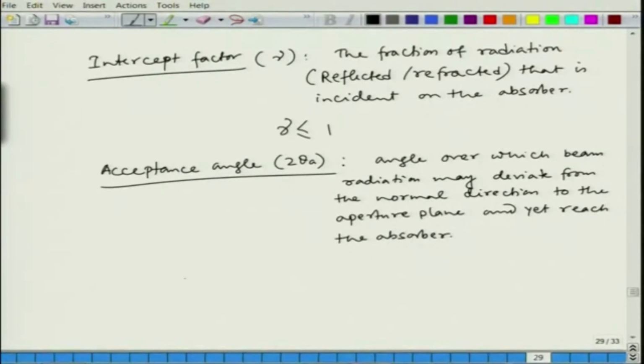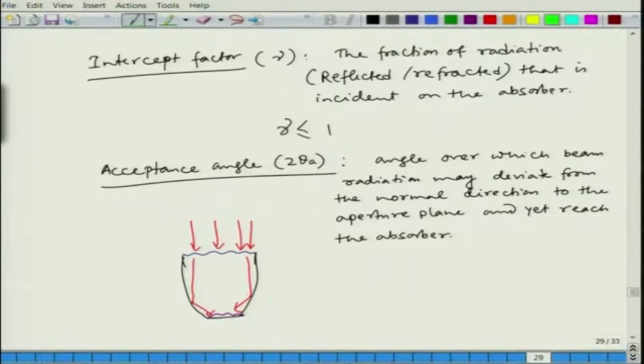So, what does it mean? So, there is one particular geometry which we called compound parabolic dish, where you have this is the aperture area, okay. This is the aperture plane and this is the absorber plane. Okay. So, if the solar radiation is normal to the aperture plane, it will get reflected here and it will reach the absorber. But the acceptance angle is what?